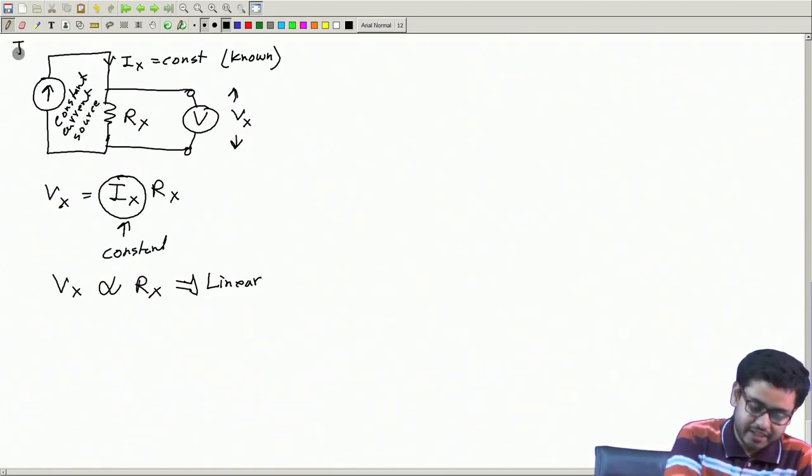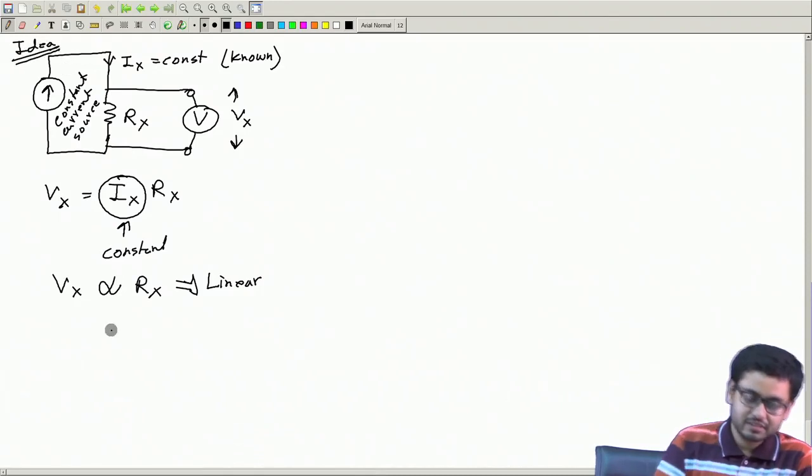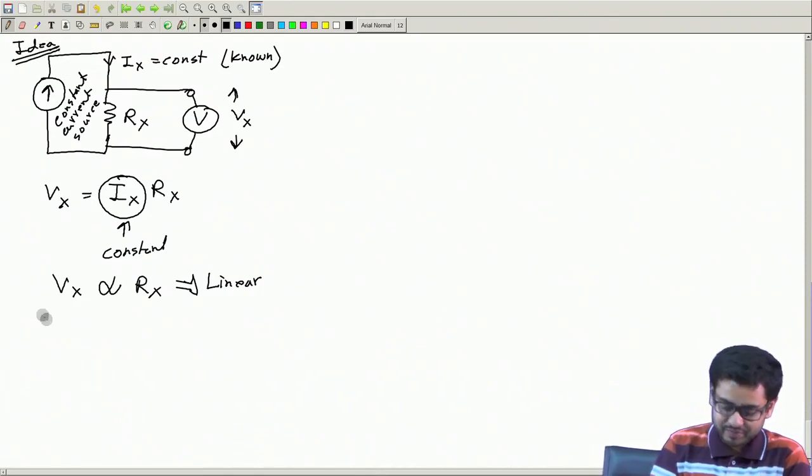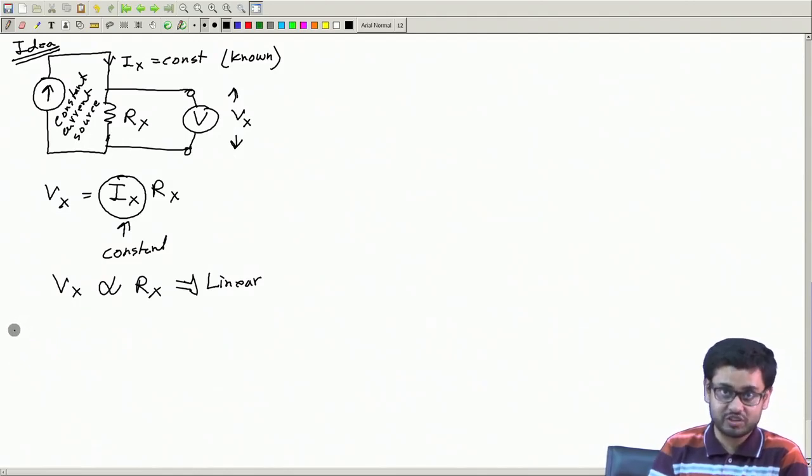Okay. So, this was the idea behind the linear ohmmeter. Now, let us see how we can realize a constant current source. We will use a transistor.